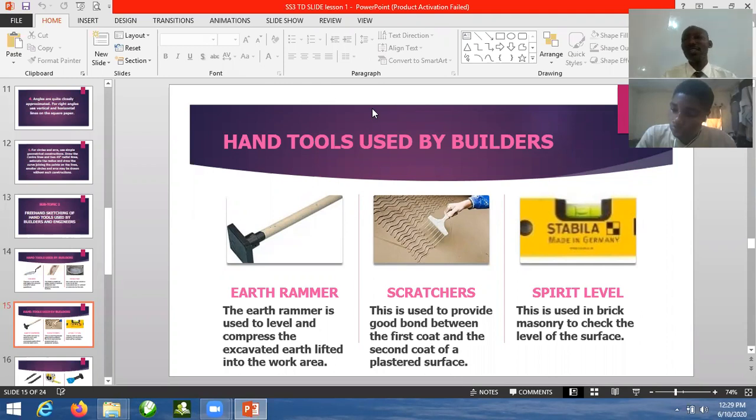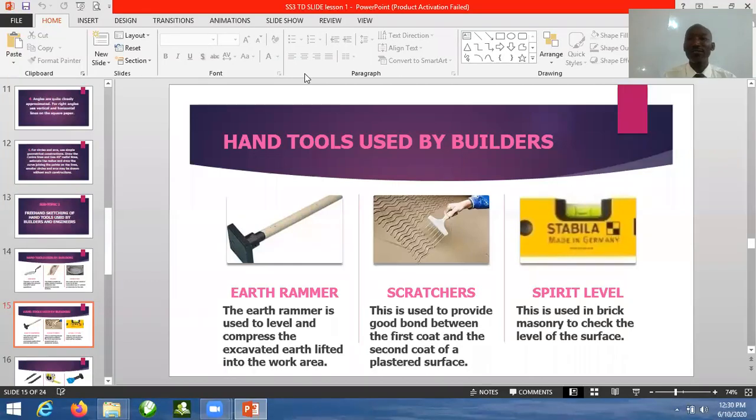I want to see my uncle. Yes, let me see how far you have gone. Egusi. He has gone.